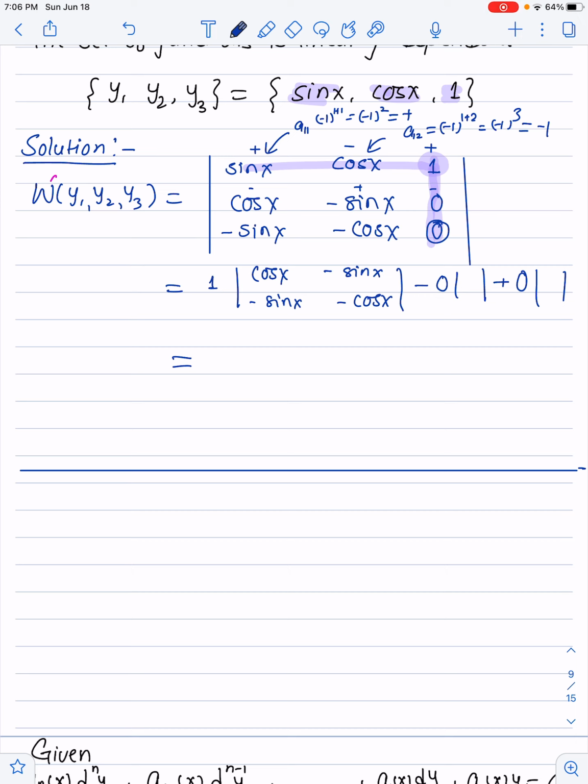Now the determinant of this would be cosine times cosine, this times this minus this times this, so negative cosine square x plus sine square x. Sine square x plus cosine square x is just 1, so it will be negative 1, which is not equal to 0.